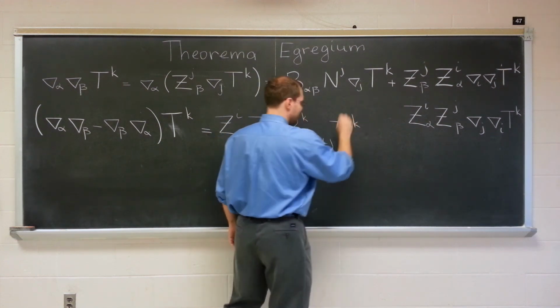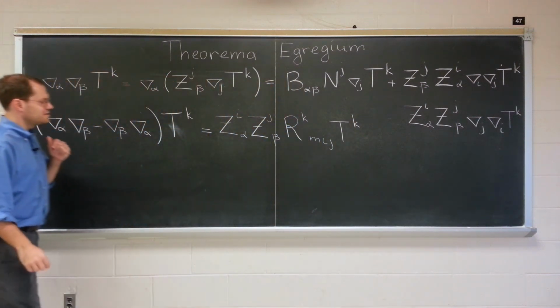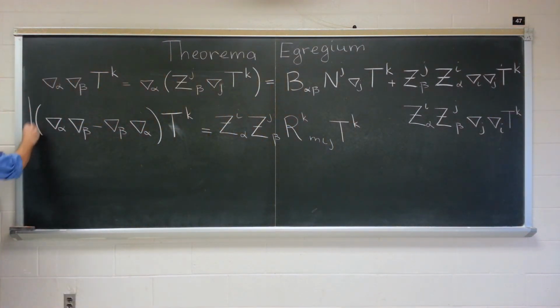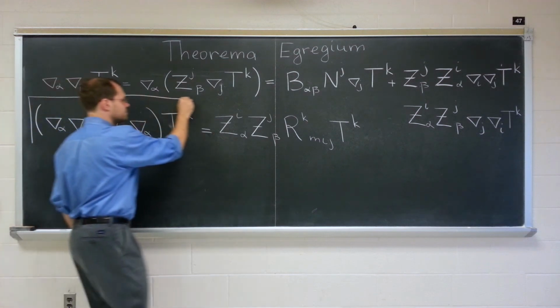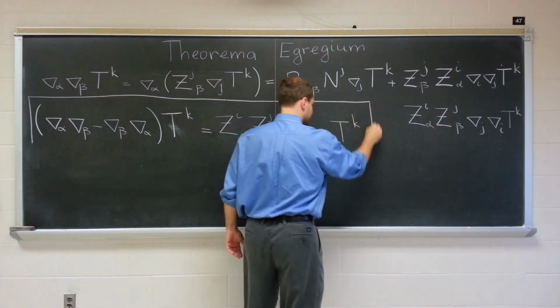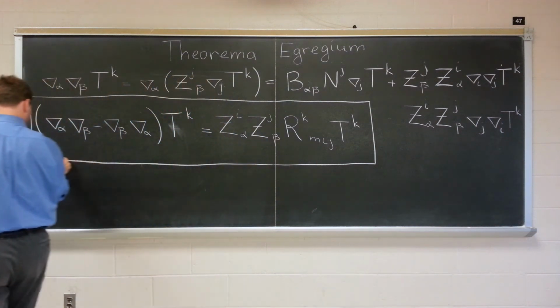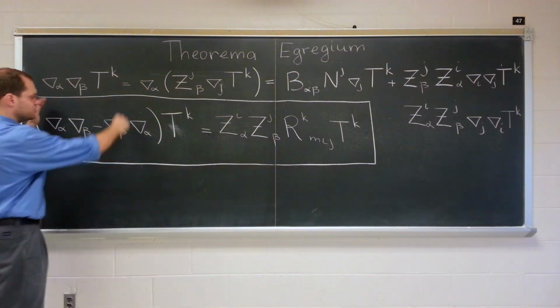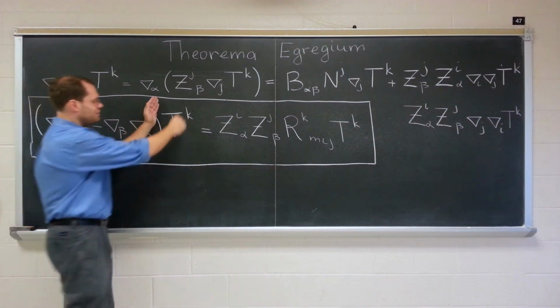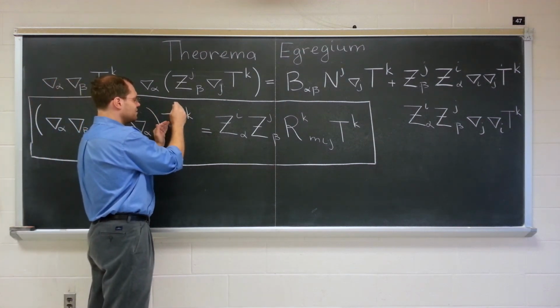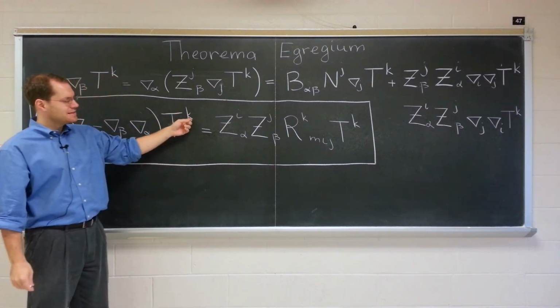And now, this is the final answer. It deserves to be boxed. And now we know what to do for the surface commutator of an object with the ambient index.